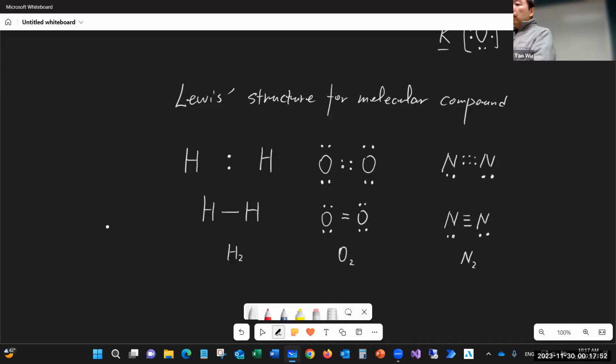And for the other elements, remember, we have F2, Cl2, I2, and Br2. Remember, we have a total of 7 of those elements that are diatomic. The reason they form like this: fluorine, each fluorine has 7 valence electrons, and this fluorine also has 7, right?